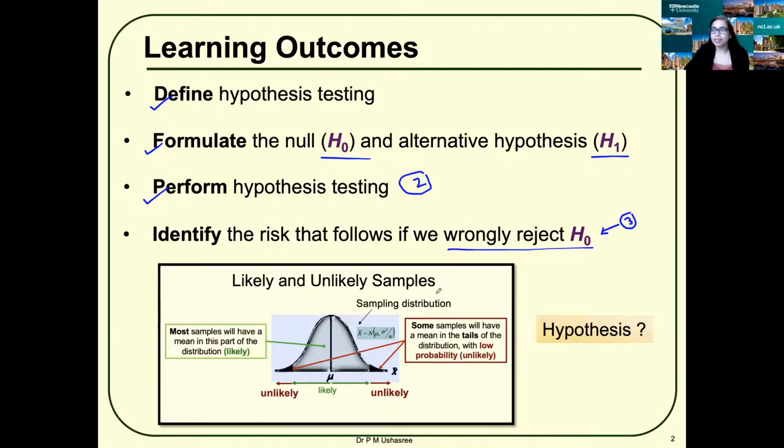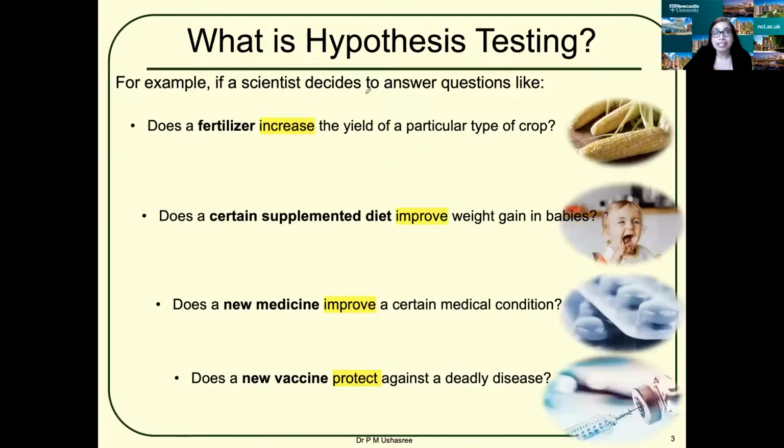What is hypothesis? Good. Hypothesis is a statement or an idea or an assumption that can be tested using an observation or experiment. For example, if a scientist decides to answer questions like, does a fertilizer increase the yield of a particular type of crop?